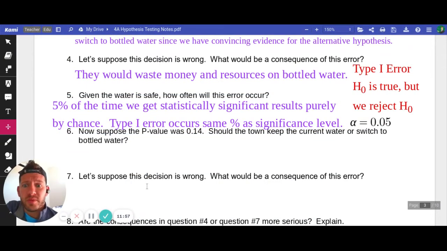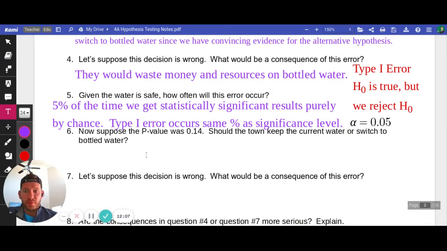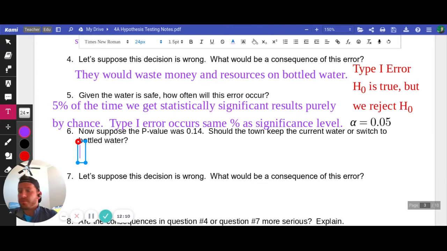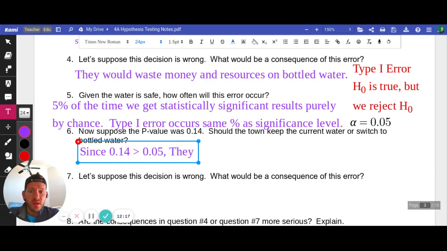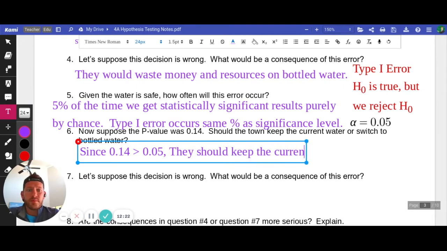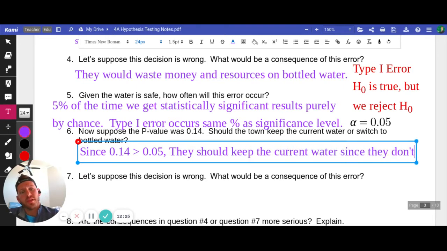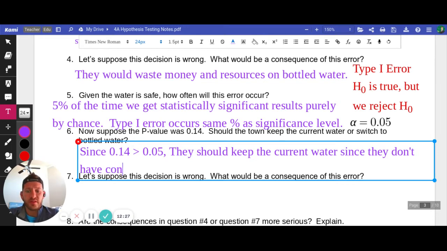All right, so number 6 says, suppose the p-value was 0.14. Should the town keep the current water or switch to bottled water? Because that 0.14 is greater than the significance level 0.05, the town should keep the current water since they don't have convincing evidence against the null hypothesis.